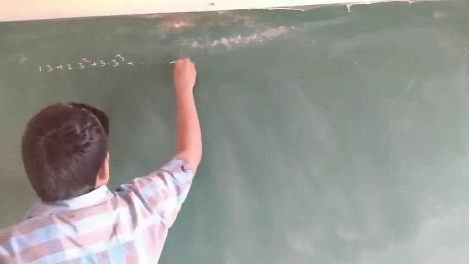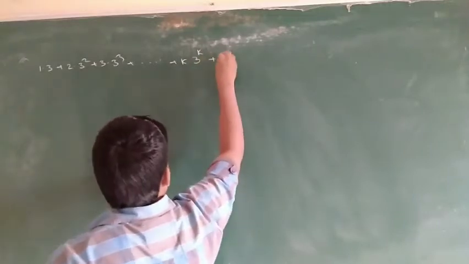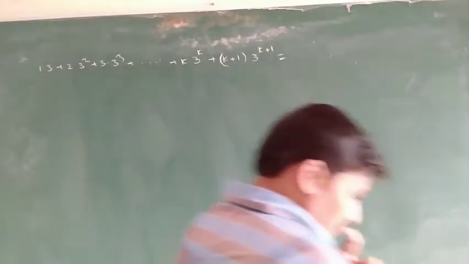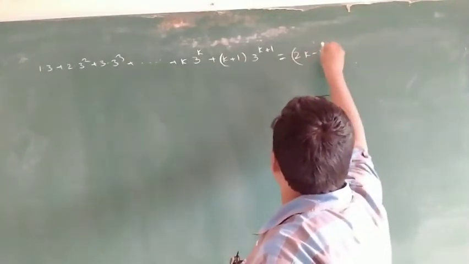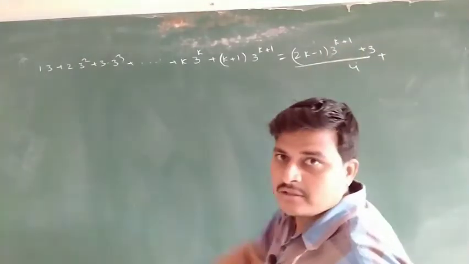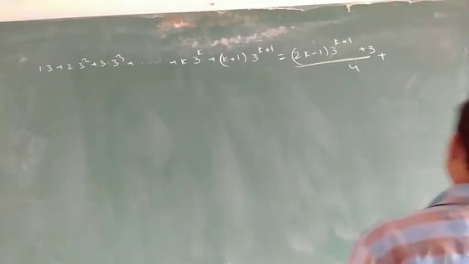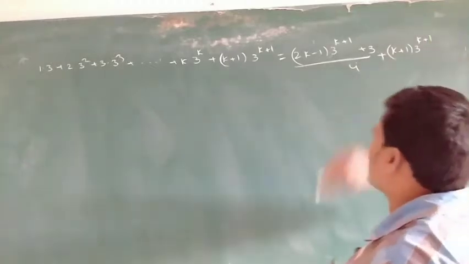So 1 into 3 plus 2 into 3 square plus 3 into 3 cube plus and so on plus k into 3 power k, plus the k plus 1th term, (k plus 1) into 3 power k plus 1, is equal to (2k minus 1) into 3 power k plus 1, plus 3 by 4, plus (k plus 1) into 3 power k plus 1.